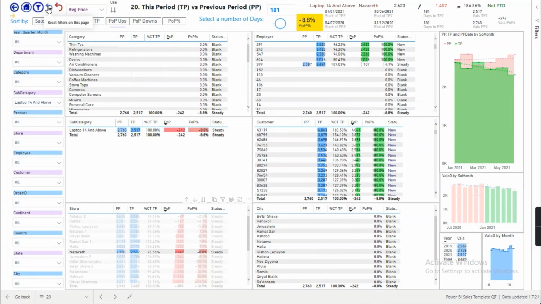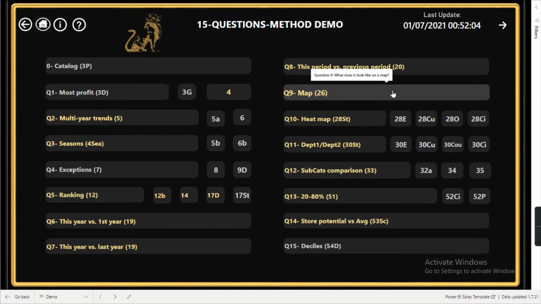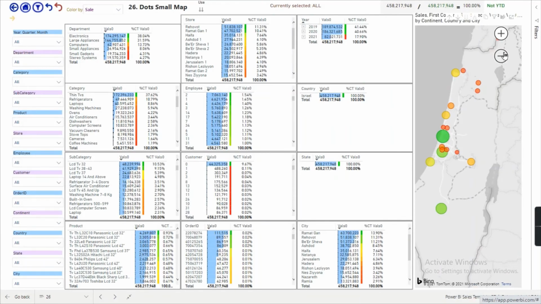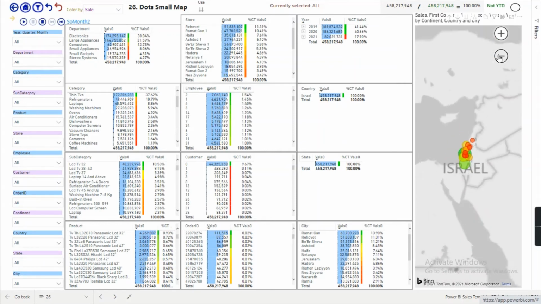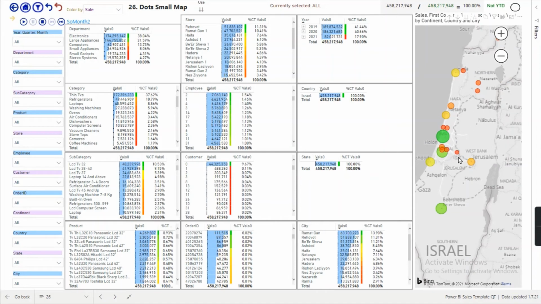Let's reset this page for the next usage and go back to the shortened menu. Question 9. What does it look like on a map? Page 26. This is our map, a world map. We can see more of the world, of course. Now we are only on Israel.